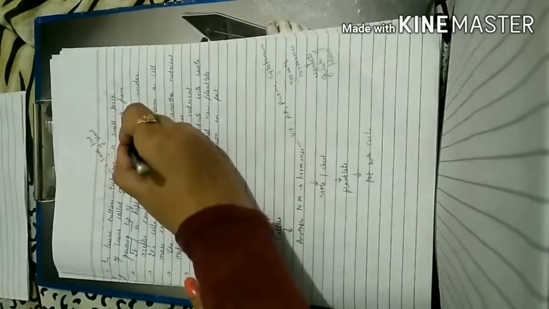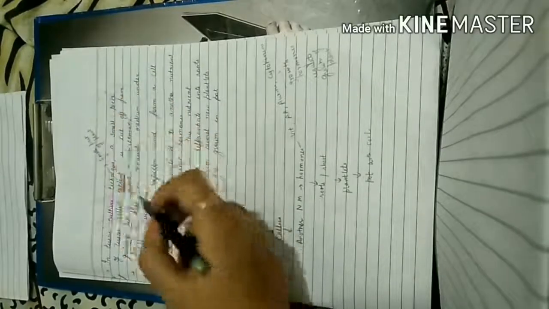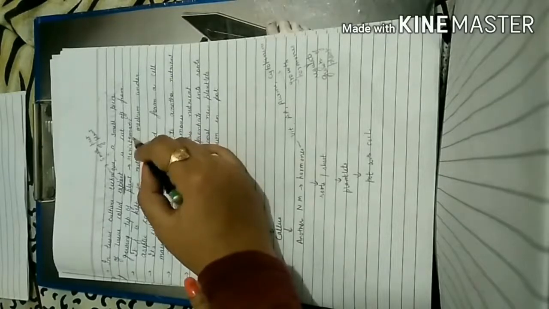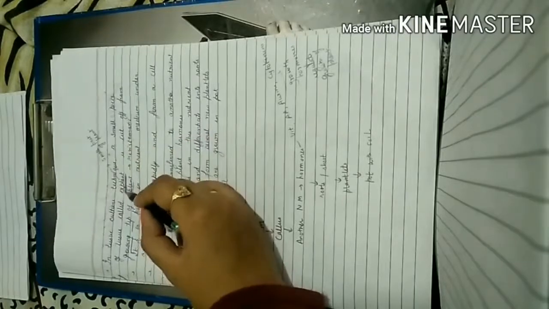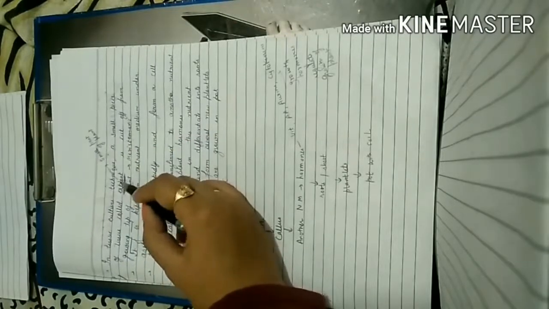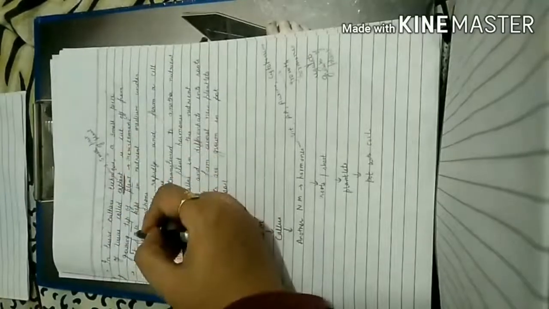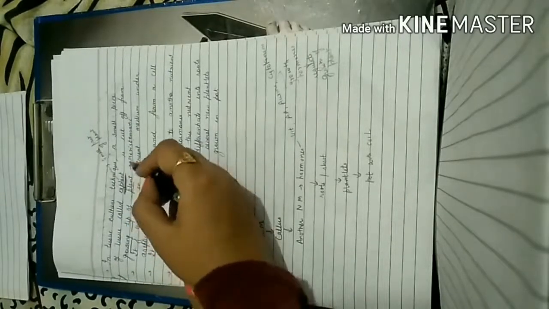The role of these meristematic cells is that they are continuously dividing. So that is why we take this explant. Explant means a small piece of tissue that we take from the growing tip of the plant.